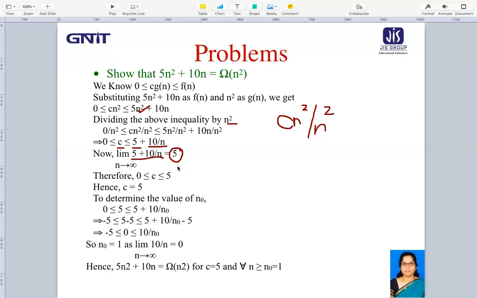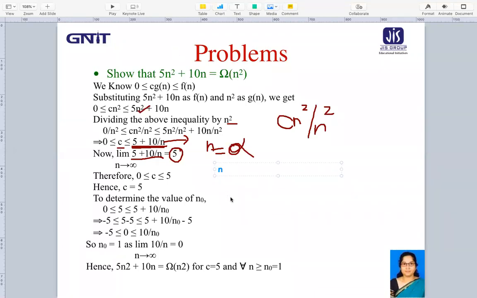So we can write it like this, 0 less than or equal to C less than or equal to 5, because we are talking about the lower bound, so we are talking about the minimum value. Whatever the value of n after this, it will always hold, and only when n is equal to infinity will we get the minimum value.